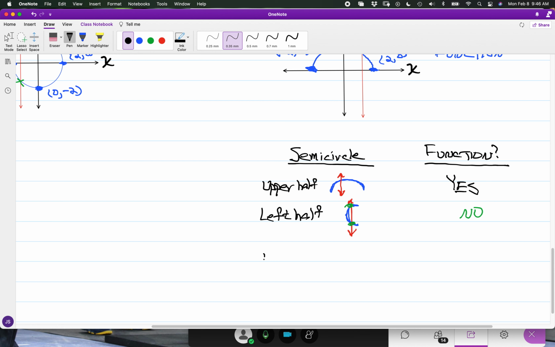Say I have the bottom half, about like a bowl. If I move a vertical line from left to right, you're going to have intersection at most 1 point. So this would be a case of a function.